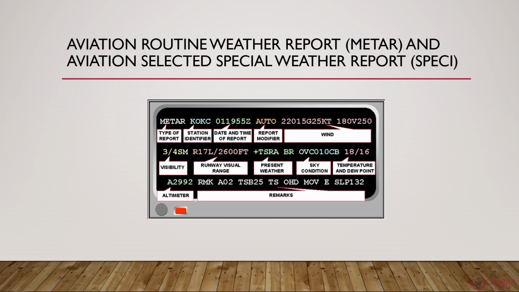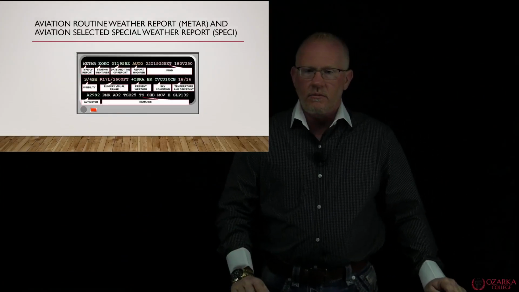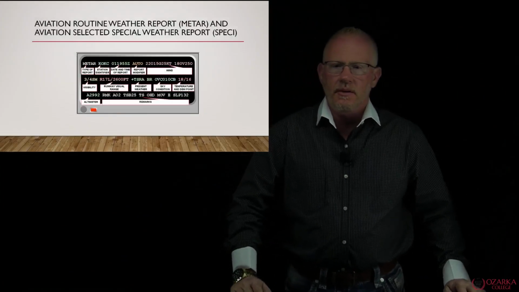The altimeter setting is 29.92. The remarks, this is a precipitation discriminating station. Now the TSB 25, that stands for thunderstorm began 25 minutes past the hour. Well, what hour? Well, look up there at the time.